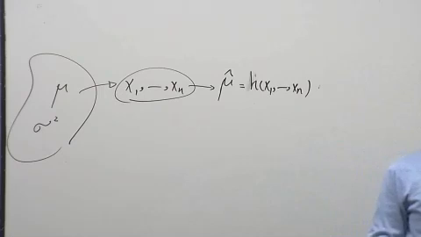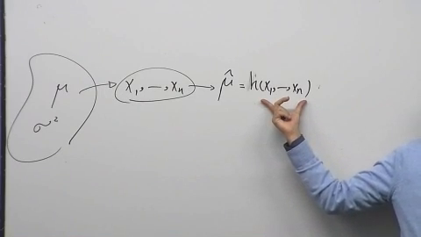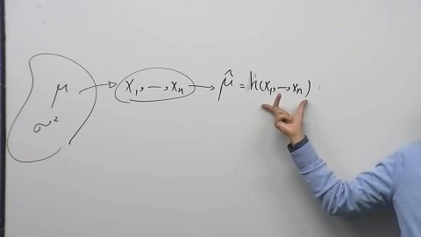Okay? And we learned how we can define this function. Method of moments, maximum likelihood. There are two methods that we learned to define this function. Okay? And we also learned how to compare different estimators.